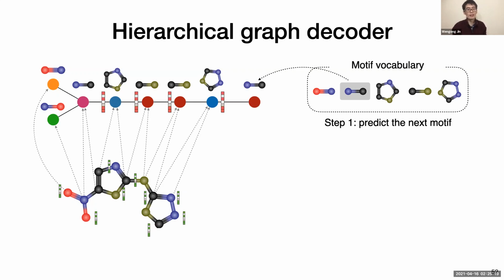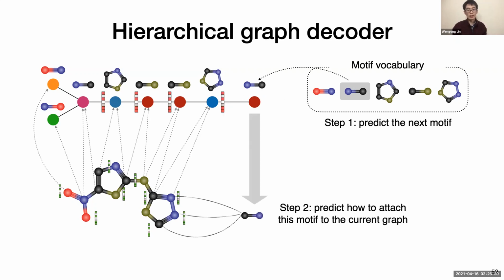Out of 600-ish motifs, I pick this single bond, and I can add it into the molecule. Then I predict how to attach this motif to the current graph by predicting the right attaching points between this motif and the existing graph. In this case, we should attach this atom to this atom here.